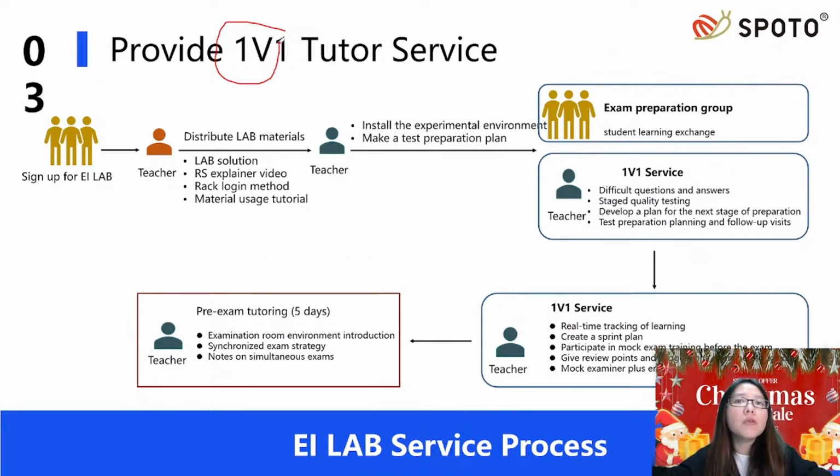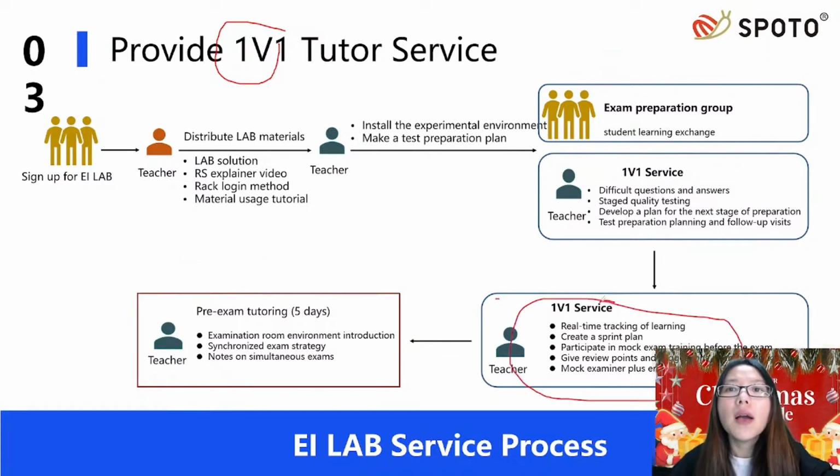We will provide rack exercises, and if you encounter any problems or difficulties, we will help you solve them. We will arrange a sprint plan for the points needing attention in the exam, so we will make sure you pass the CCIE in one attempt.